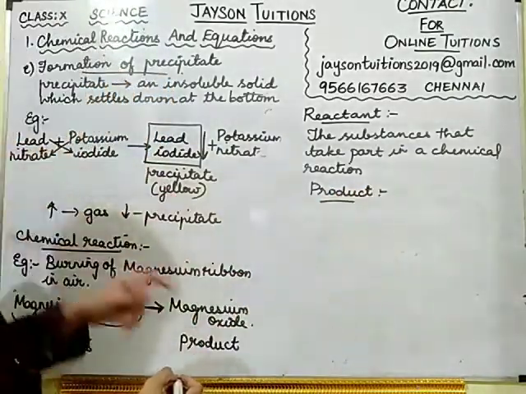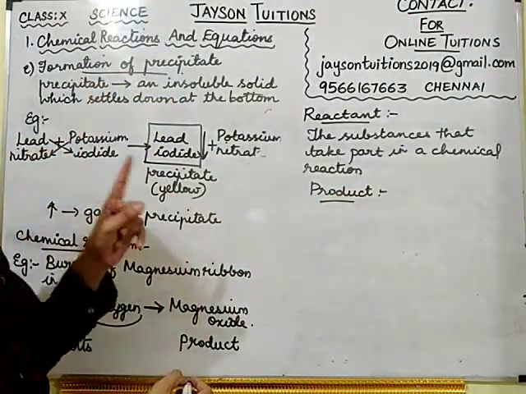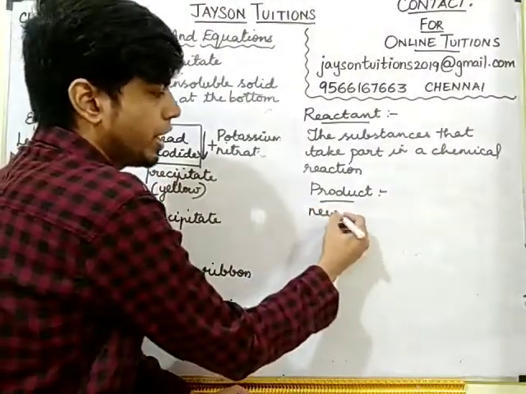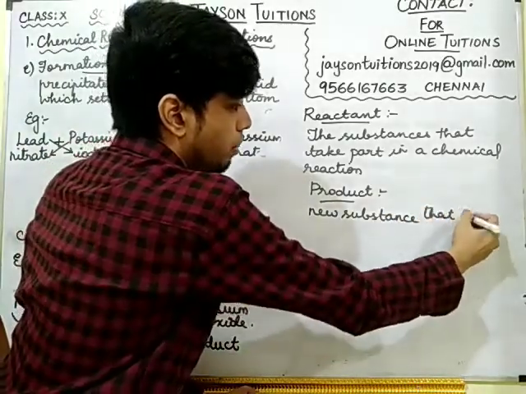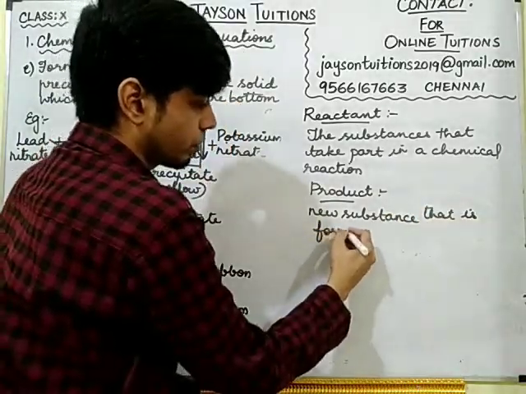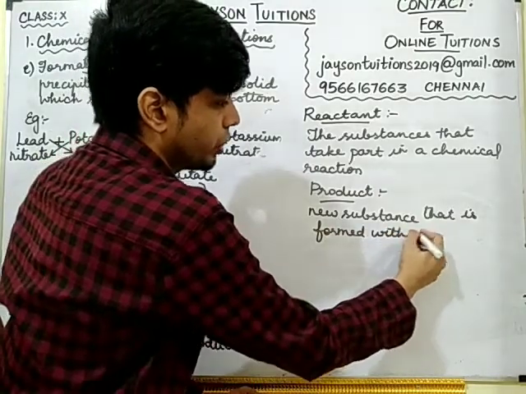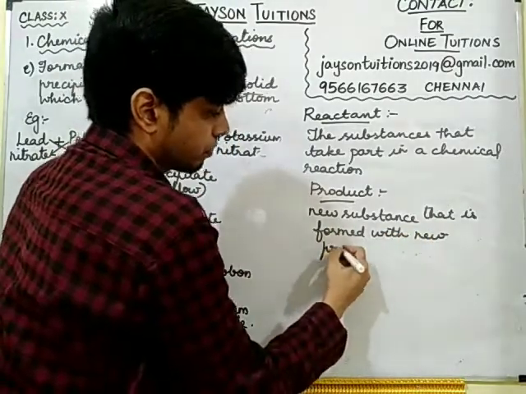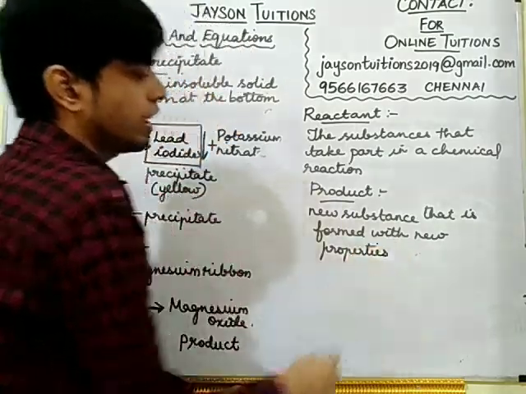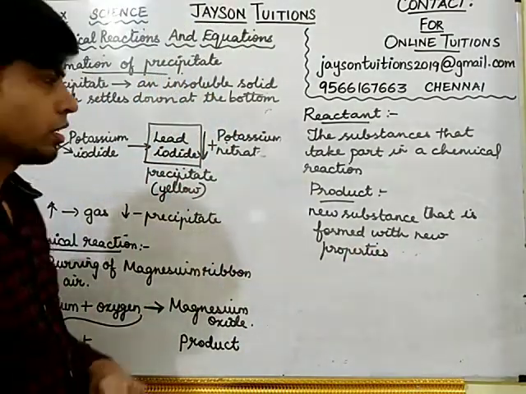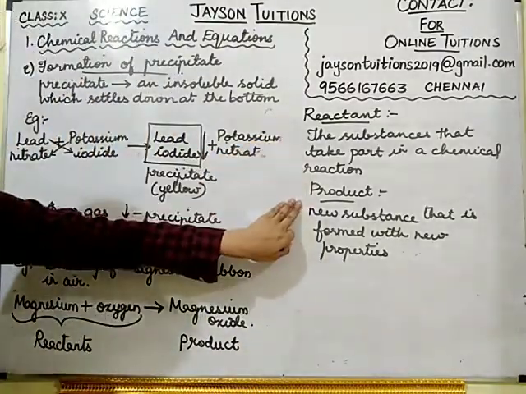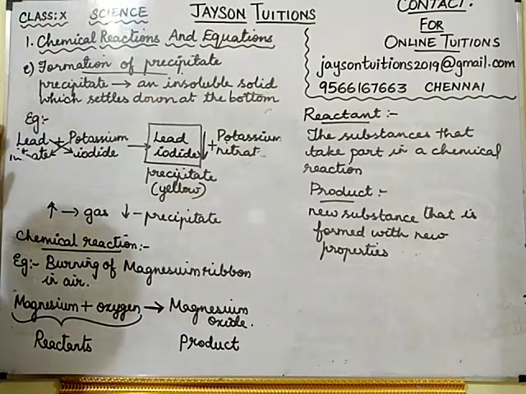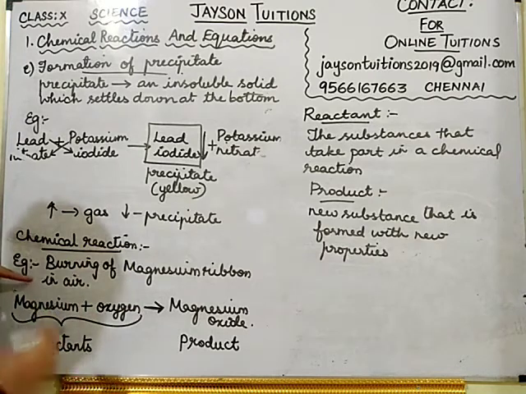Product means the new substance which is formed with new properties. Okay, understood what is a chemical reaction, what is a reactant, what is a product, and what are the characteristics of a chemical reaction.